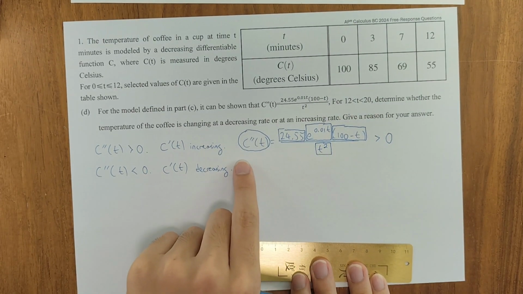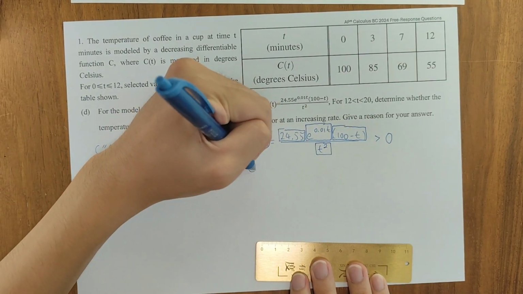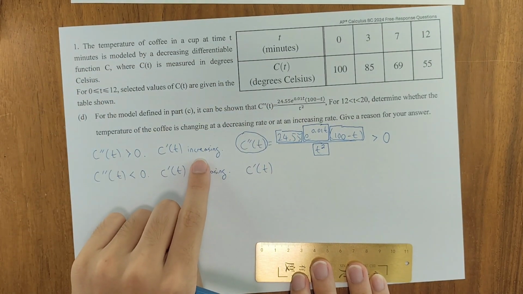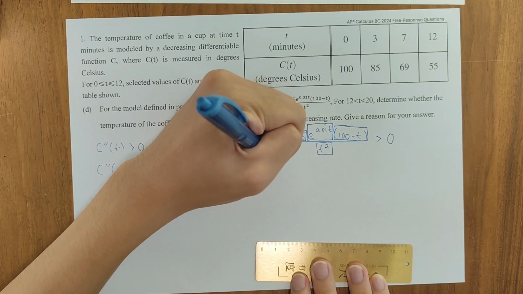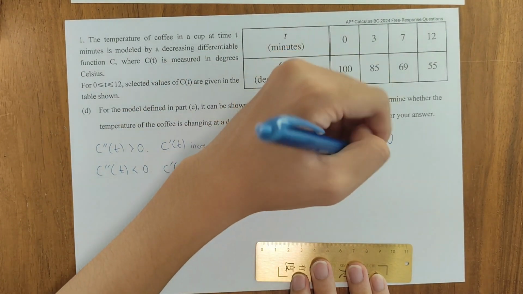So what does this mean? Since C prime t is always positive on this interval, C prime t is always increasing on this interval.